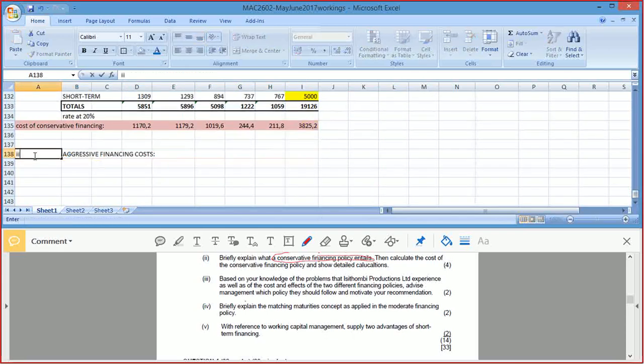Why? Because of the total, sir? No. Well, after comparing the... Sir? Why? The cost of borrowing. Oh.